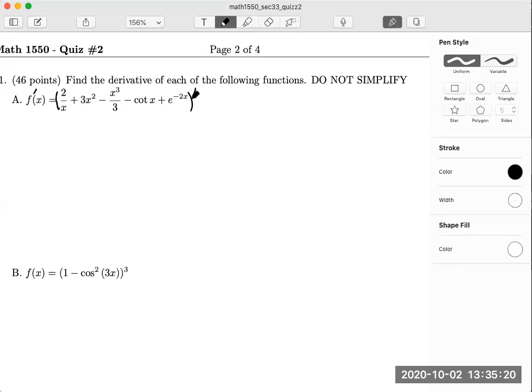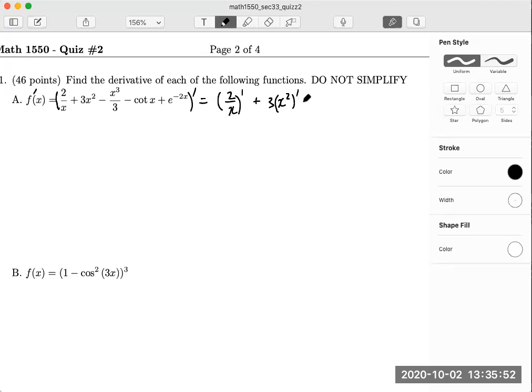First, this is a sum and a difference, so the derivative will be the derivative of each term inside, right? The first one, 2 over x derivative plus 3x squared. And remember, the derivative of a constant, we can take it out of the derivative, right?